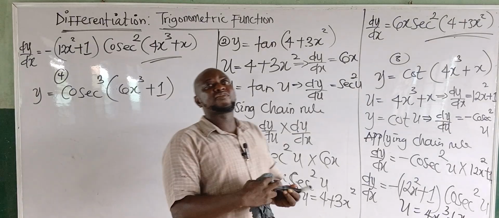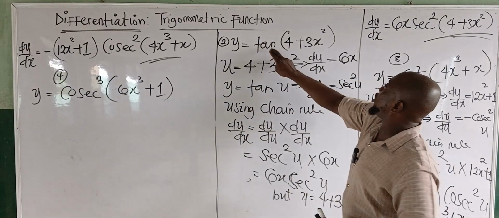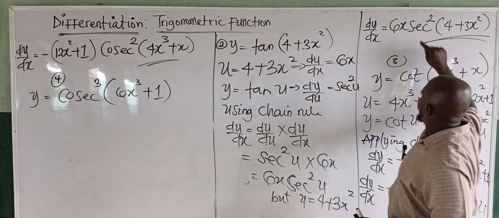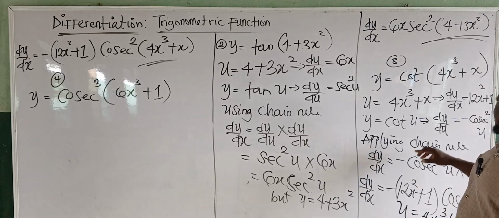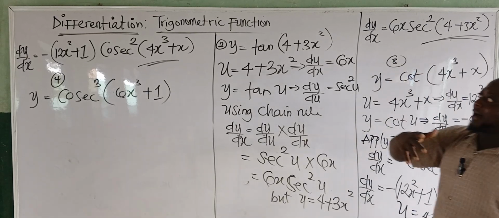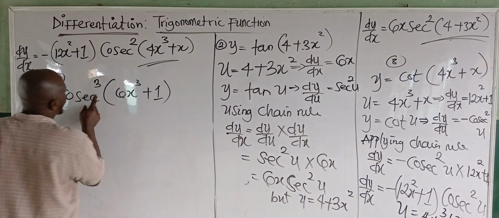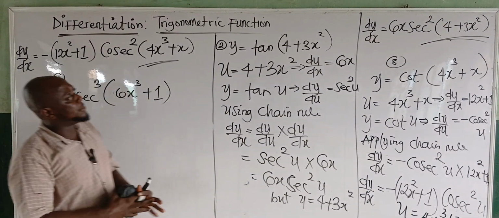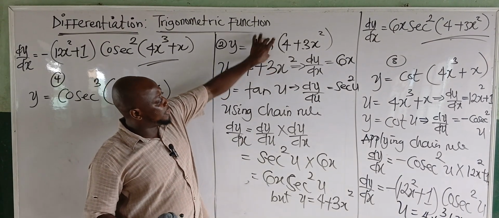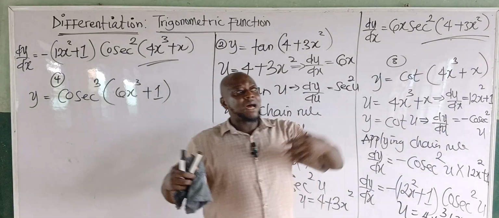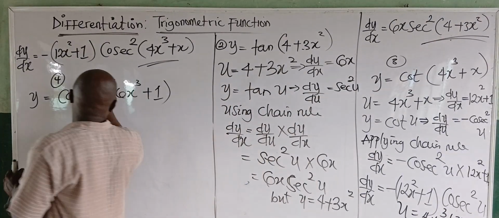This is a bit different from what you know. If you check all of these we are doing, no power here, no power here, and the other one we have done, no power. But observe this number 4 now, it's having power 3. It means that it is not simplified, while the others are already simplified. So that means we have to break this one down from this power 3.